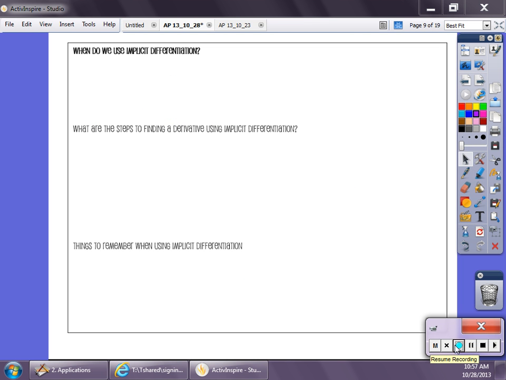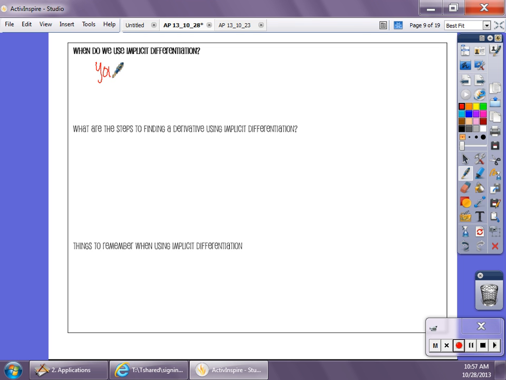All right, so we're just going to review what we did on Thursday. To start off, it says, when do we use implicit differentiation? It's really easy to tell when you look at an equation whether you're going to have to use it or not. Essentially, your equation will not be solved for one variable.